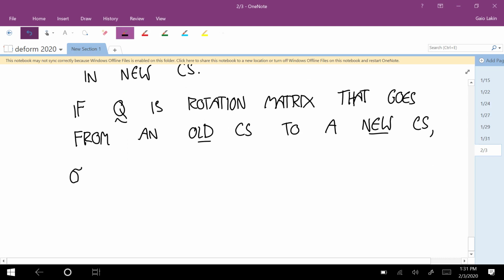then the stress tensor expressed in the new coordinate system is equal to Q times the stress tensor in the old coordinate system times Q transpose.